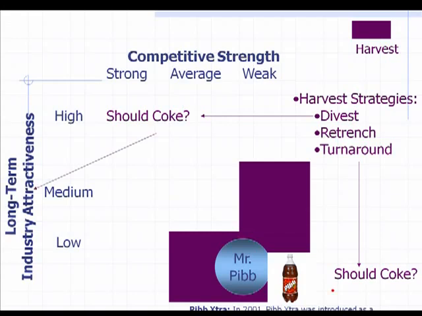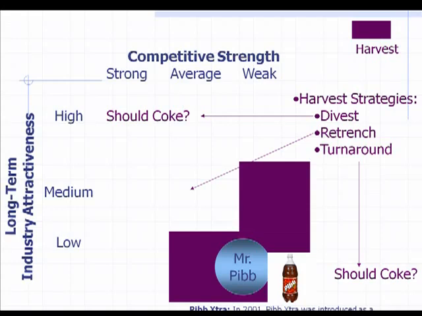So the third possibility is that of retrenchment. Retrenchment, as you know, means cost cutting, streamlining operations in every way possible, trying to milk whatever cash reserves you can off that product to fund other products or other initiatives. And if you think about it, when's the last time you saw a major Pibb Extra marketing campaign or other promotional campaign through one of the retail stores?